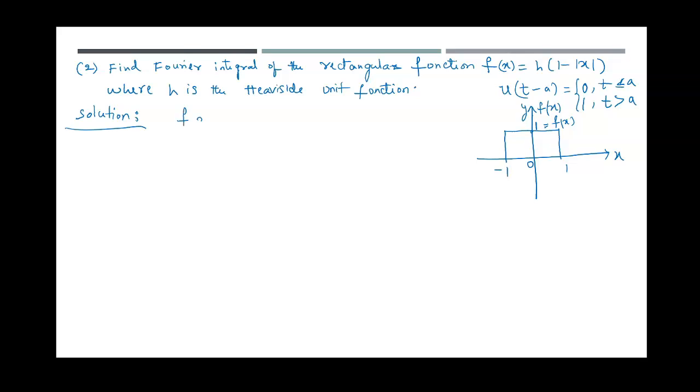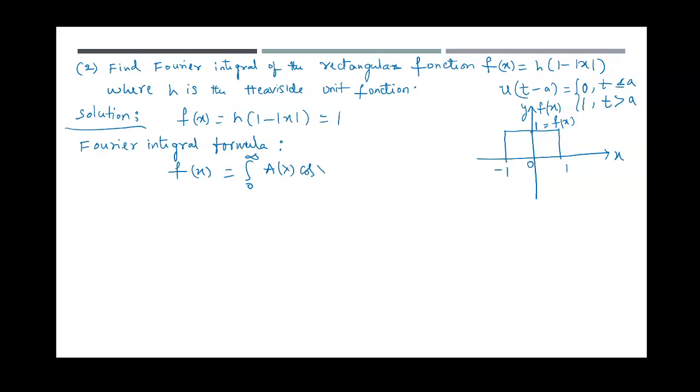Here f(x) equals H(1 minus mod x), which is equal to 1 by this definition, and the Fourier integral formula is f(x) equals integral 0 to infinity of a(lambda) cos lambda x plus b(lambda) sin lambda x d lambda.